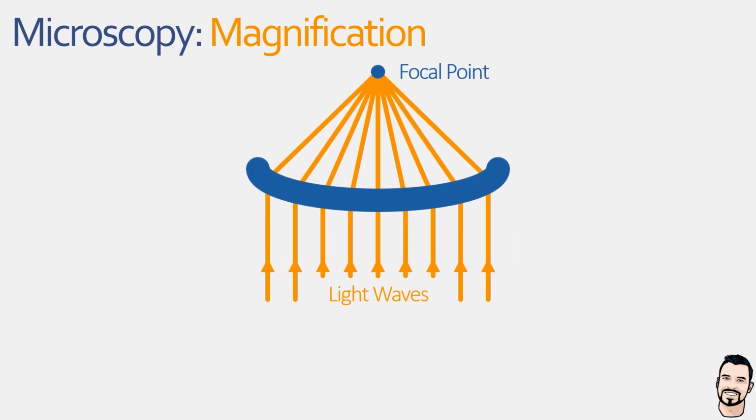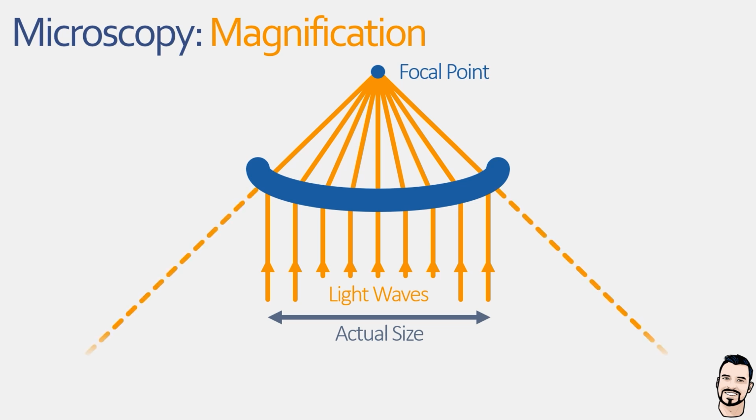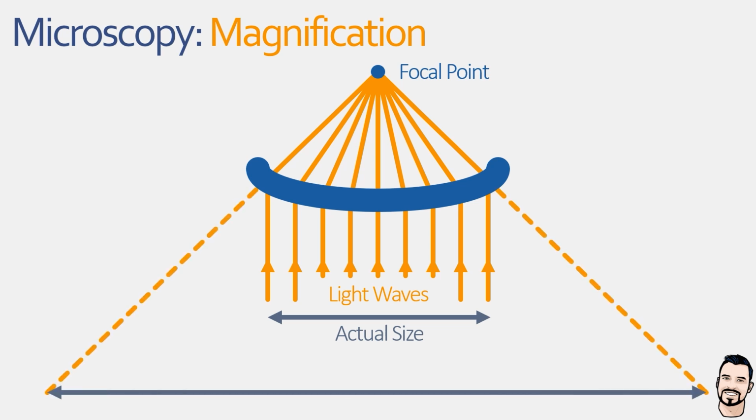Now, if we were to look at the light converging at the focal point, we know it originates from an object with a real physical size. However, if our eyes were positioned at this focal point, we wouldn't perceive the bending of light. We would see the light as if it were travelling straight towards us, as if it hadn't been refracted at all.